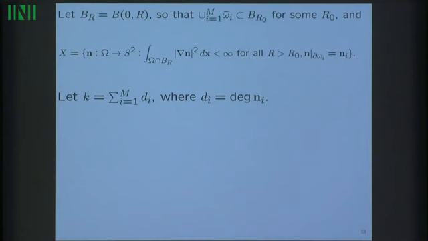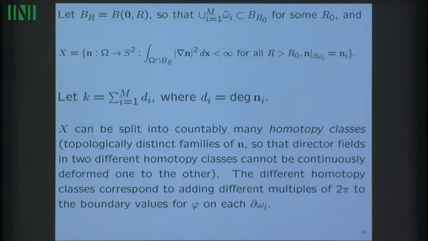We let k be the sum of the degrees. And now we have a problem in that there are topologically distinct possible equilibria. So you can split X into countably many homotopic classes, which are topologically distinct families of n, so that director fields in two different homotopic classes can't be continuously deformed one to the other.